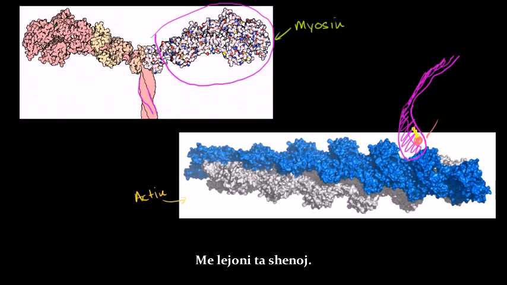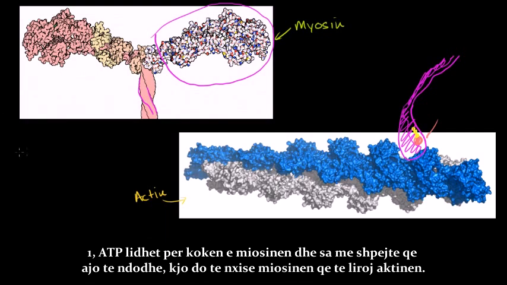So let me write this down. Step one, ATP binds to the myosin head, and as soon as that happens, that causes the myosin to release actin.